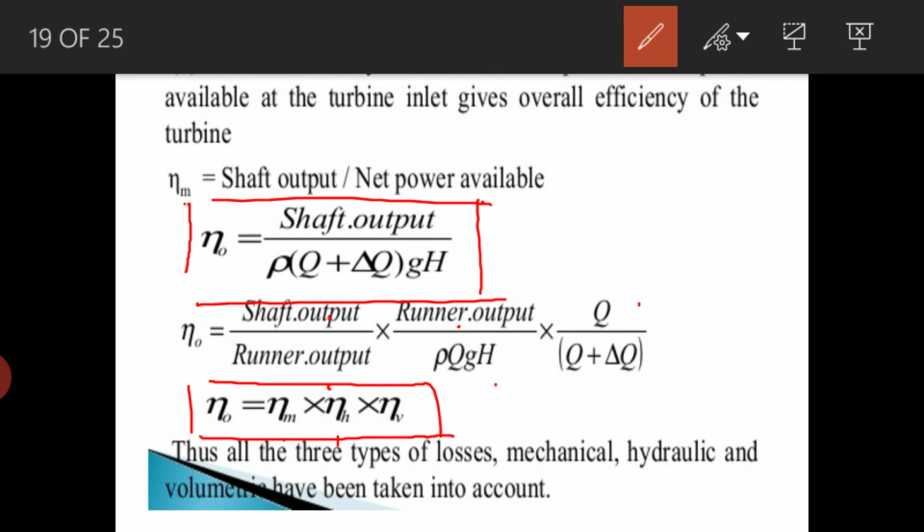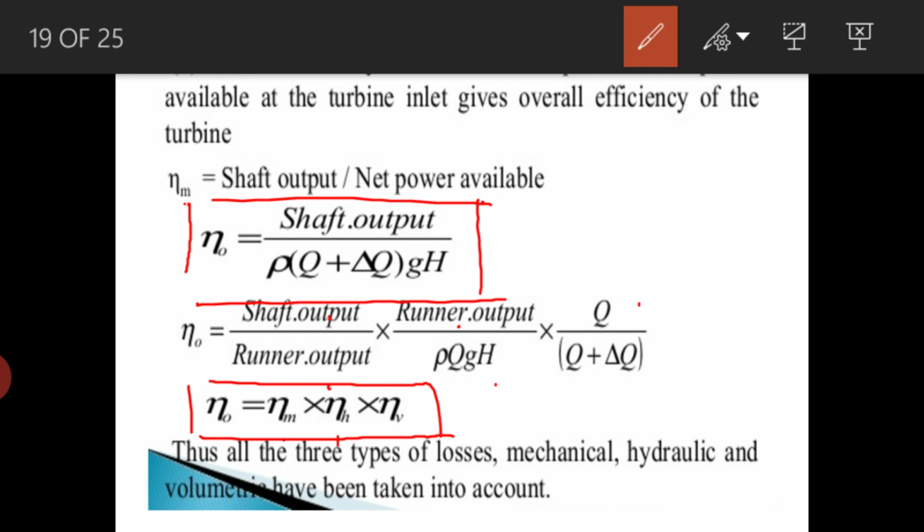I hope you understood these various efficiencies involved in the analysis of a turbine. Mainly there are four efficiencies: the hydraulic efficiency, the volumetric efficiency, the mechanical efficiency, and the overall efficiency. And the heads involved in the analysis of hydraulic turbines are the gross head and the net head.